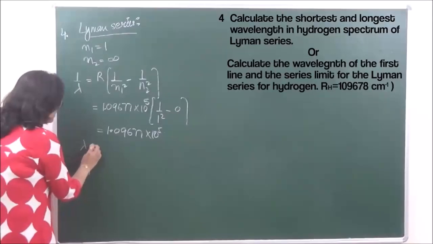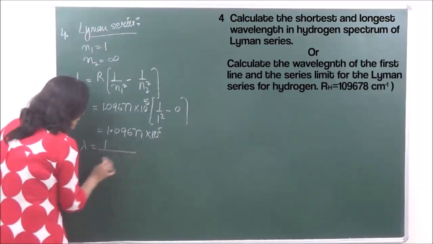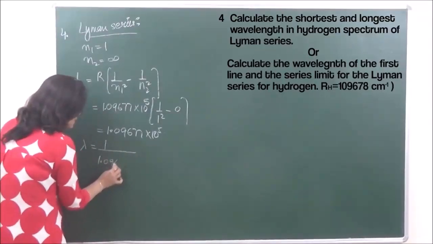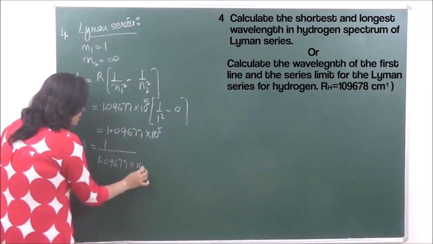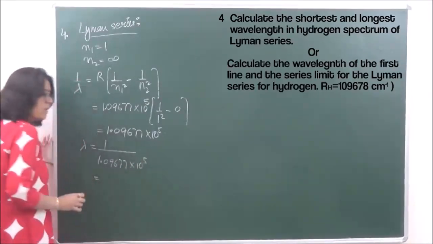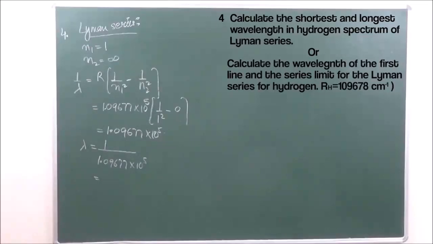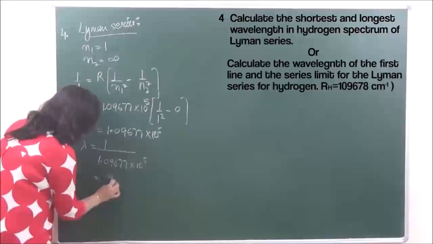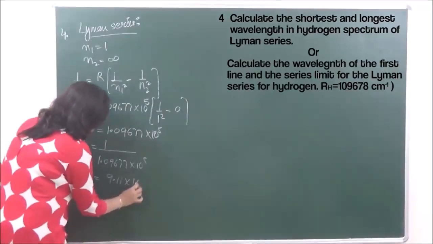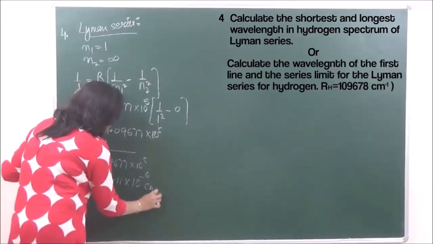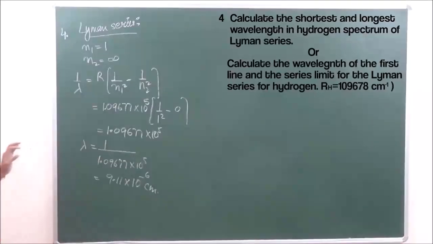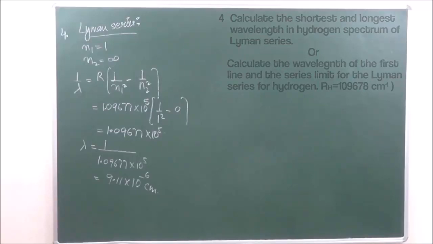So lambda will be the reciprocal of this, 1 upon 1.09677 into 10 raised to power 5. When we calculate this, it comes to 9.11 into 10 raised to power minus 6 centimeter. Okay, then in a similar manner, you can calculate it for longest wavelength.